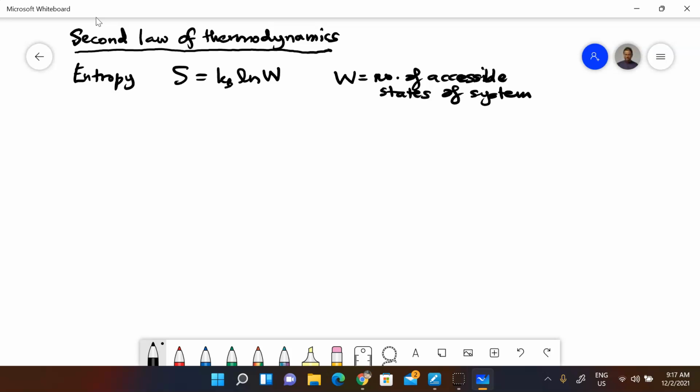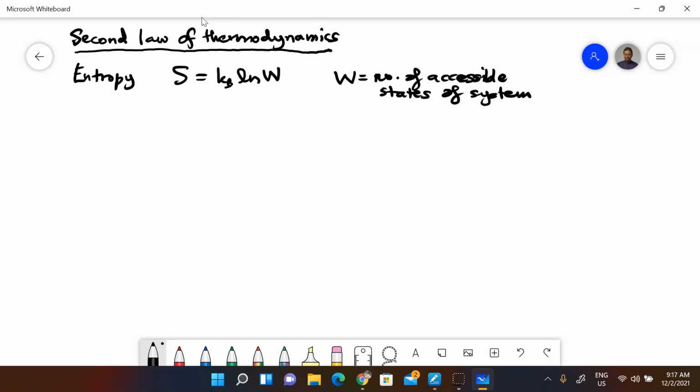Okay. And this is essentially given that you know W, then you can calculate out your entropy.